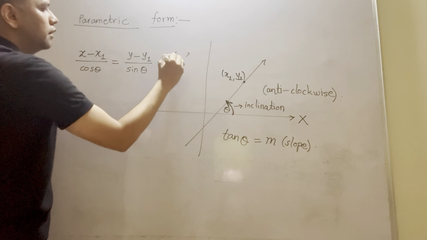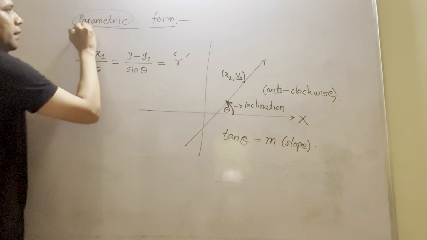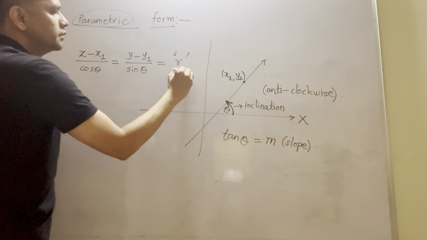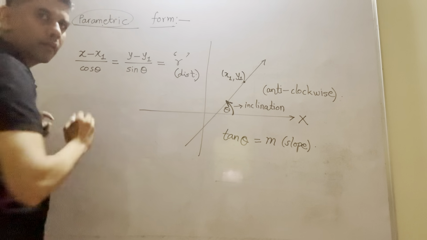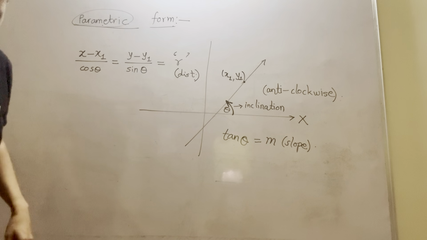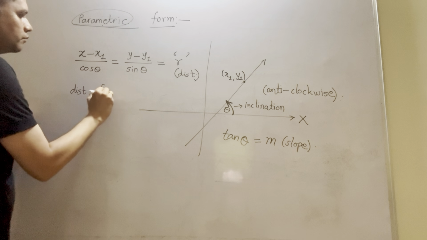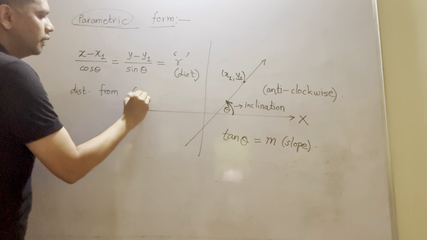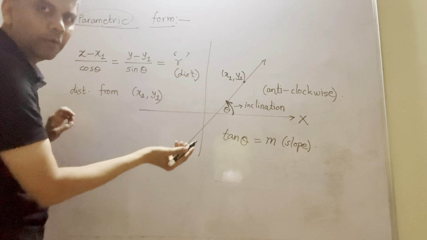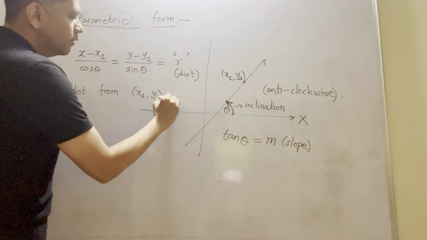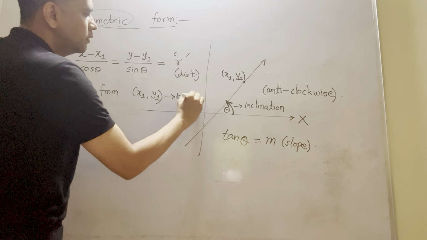Now what is this r? This r is precisely the parameter. It is the distance. Okay, distance from where? Distance from x1 comma y1. And once again, what is x1 comma y1? x1 comma y1 is a known point.